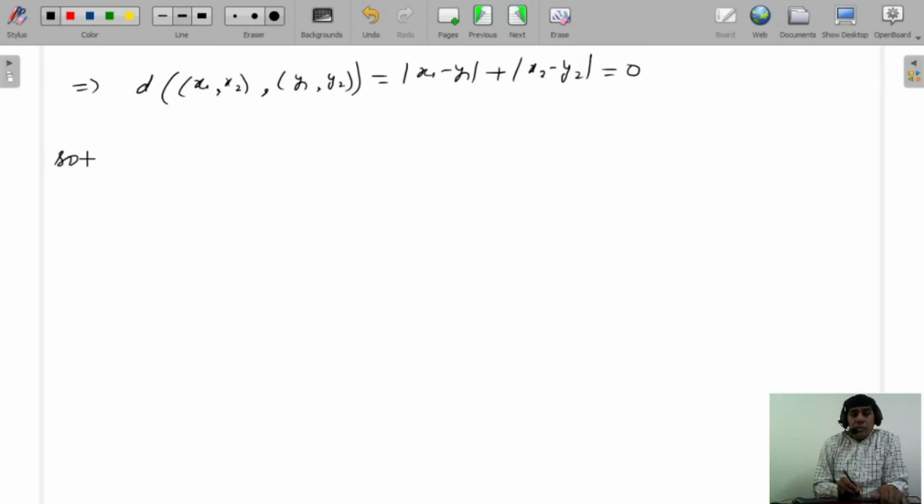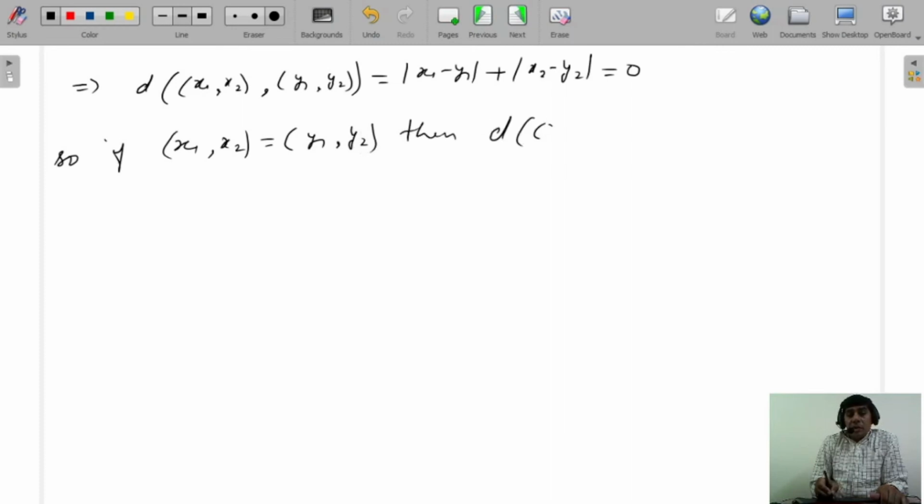So if (x1, x2) is equal to (y1, y2), then d((x1, x2), (y1, y2)) is also 0. Put it equation number 2.